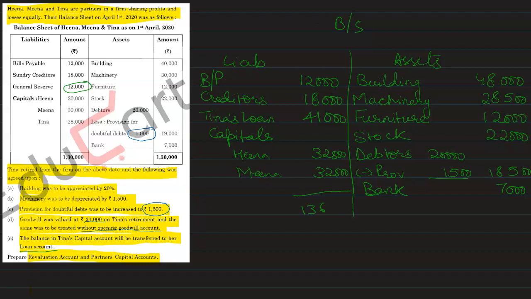So the total of both sides is 1,36,000, 1,36,000. Hope you have understood it well. Just remember that we have to make only two accounts, revaluation and partners' capital. The balance sheet and everything before that was just to make you understand how to proceed in the question.